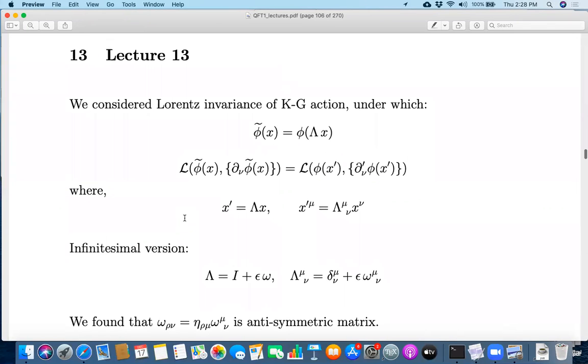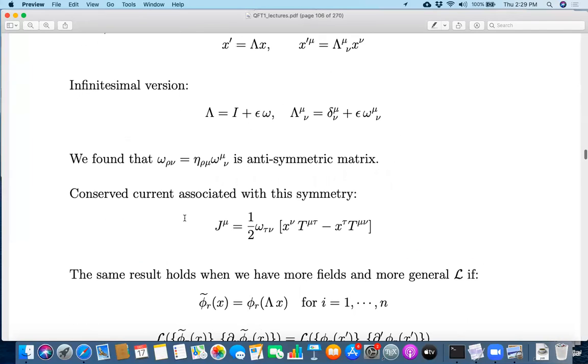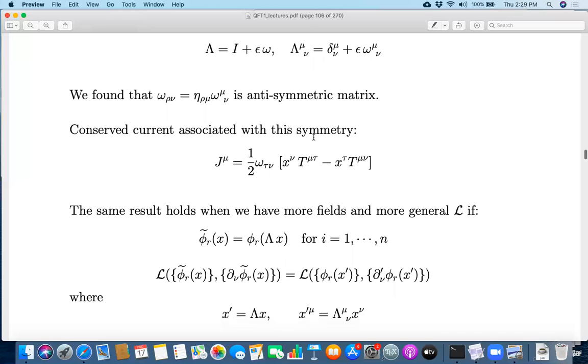Yeah, Lorentz invariance of the Klein-Gordon action. See here, we found only this x^ν T^μτ minus x^τ T^μν term, right? So this part you can easily verify that when you take that combination epsilon ijk p_j times J_jk, it gives you 0.